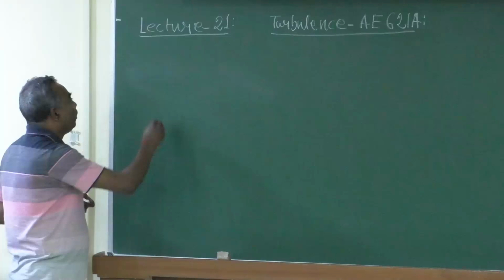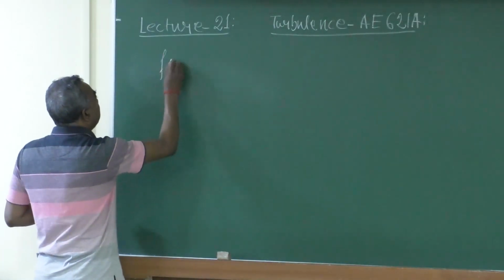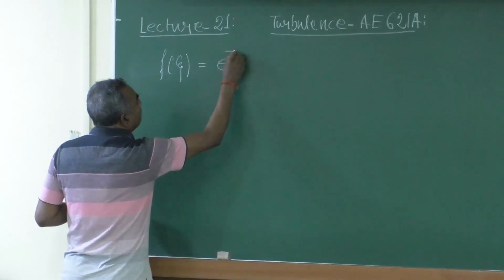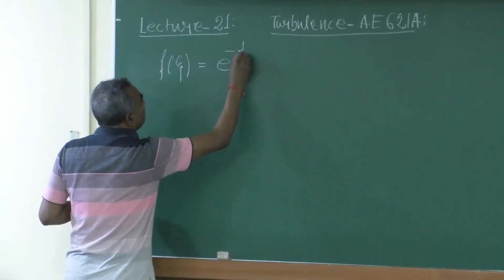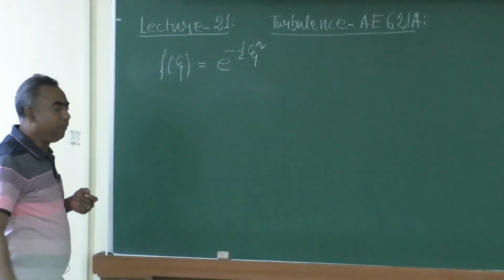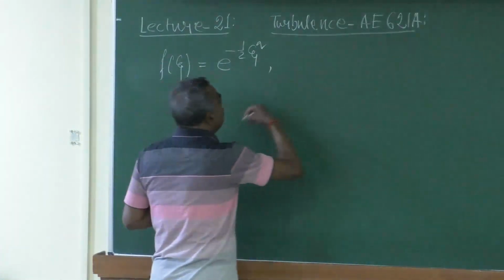And the solution of the momentum equation was found to be f of xi equals exponential of minus xi square for alpha equal to 1, if you can remember, okay. So, what is xi here?